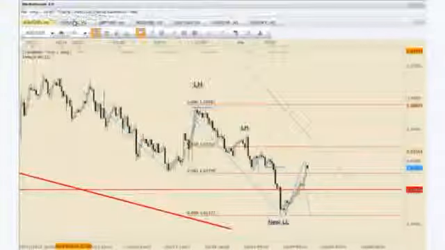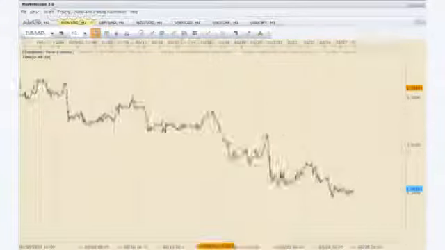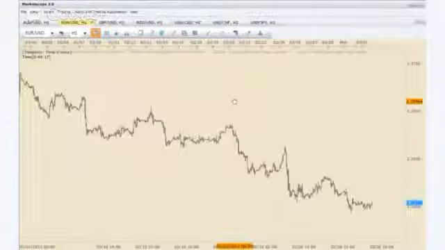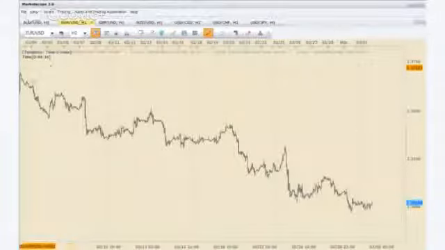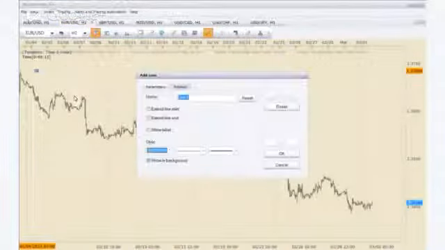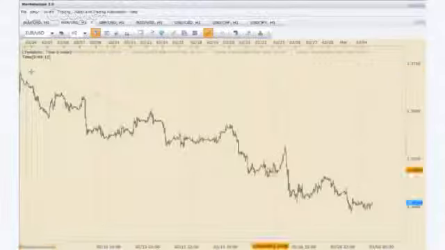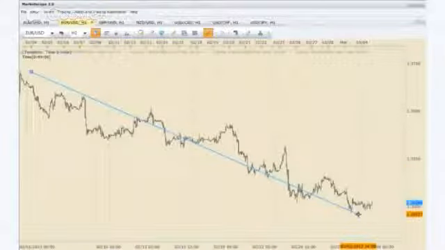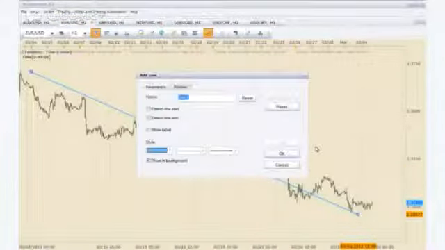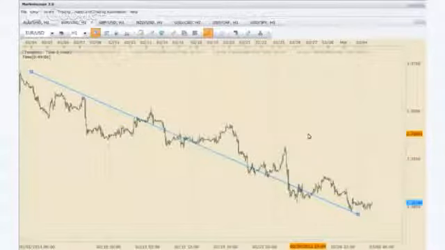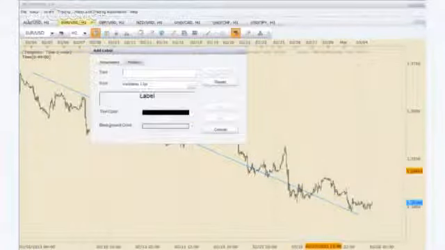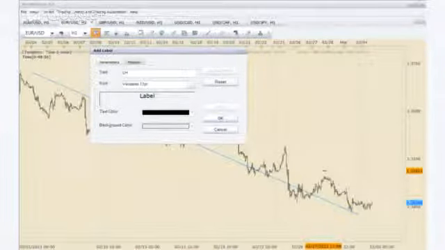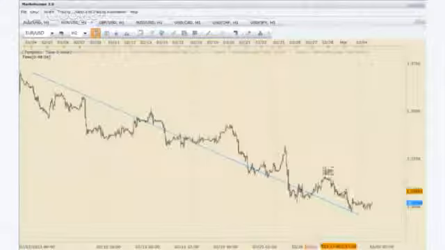Let's quickly go over into another pair, and I can see that with the euro, it is moving down, and the previous lower high is there.